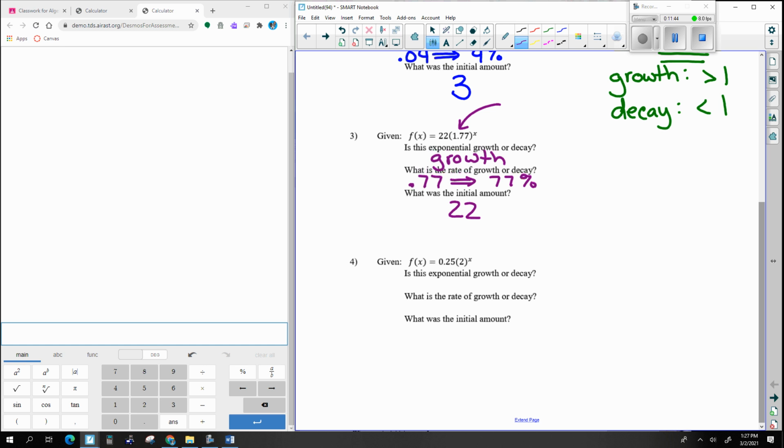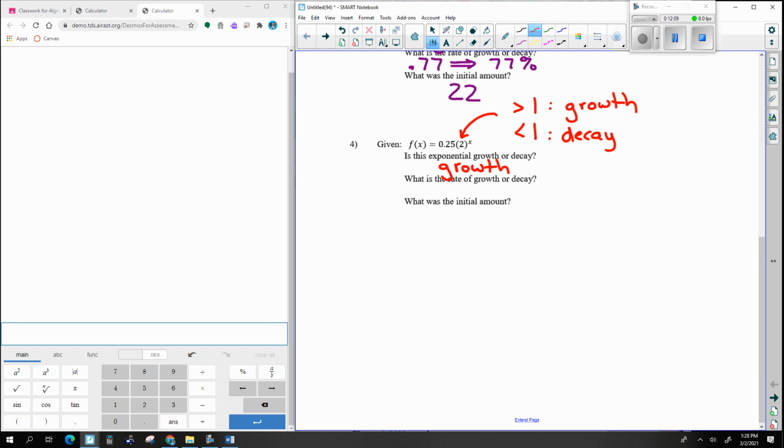Number 4. Is this growth or decay? Again, this is growth. Again, that inside number: if it's bigger than 1, that means growth. If it's smaller than 1, that means decay. This is growth. What is the rate of growth or decay?